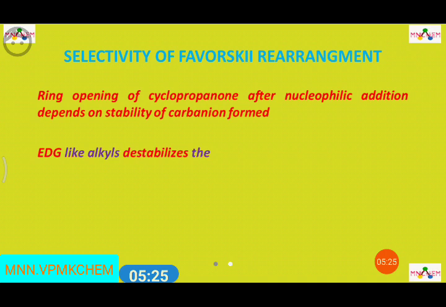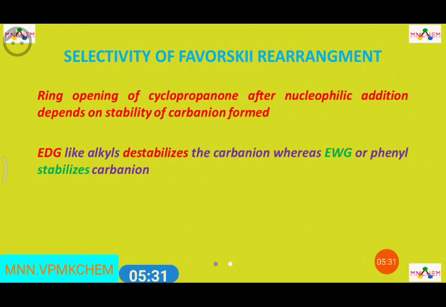It is generally observed that electron donating groups like alkyls present as substituents destabilize the carbanion, whereas if electron withdrawing groups like phenyl rings are present, then the carbanion formed after the nucleophilic addition will be stabilized, and that will be the major product of this Favorskii rearrangement reaction.